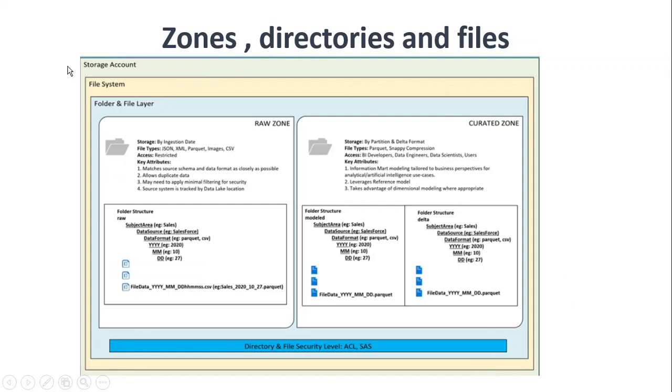The storage account is our main thing, then the file system, which is the container, and in this layer we'll create folders. So this will be a raw folder, then a curated folder, and in raw we could have different subject areas and then different data sources. Then, depending on partitioning, we can have further folders.